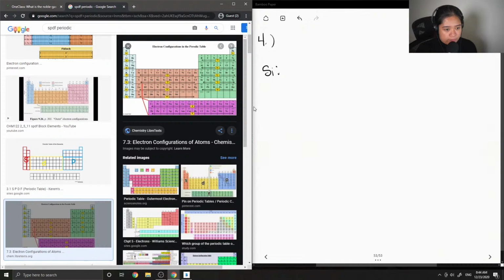And then you just write the row number, and then following that is its block number, and then showing all the electrons in that orbital.